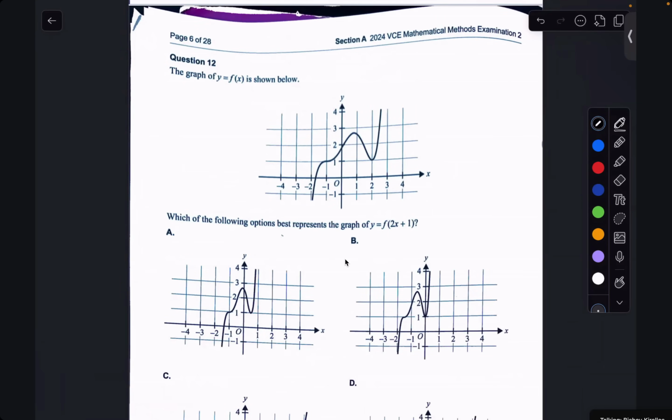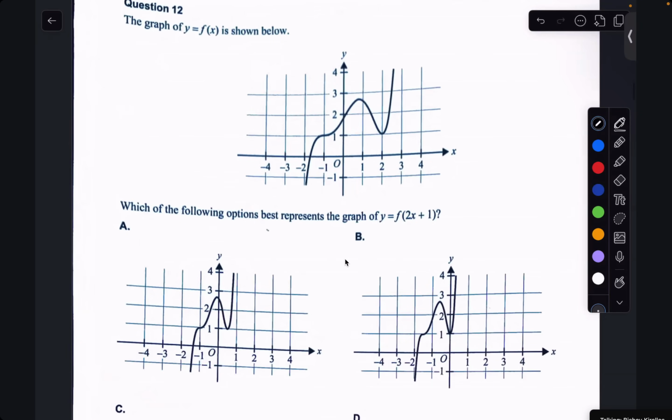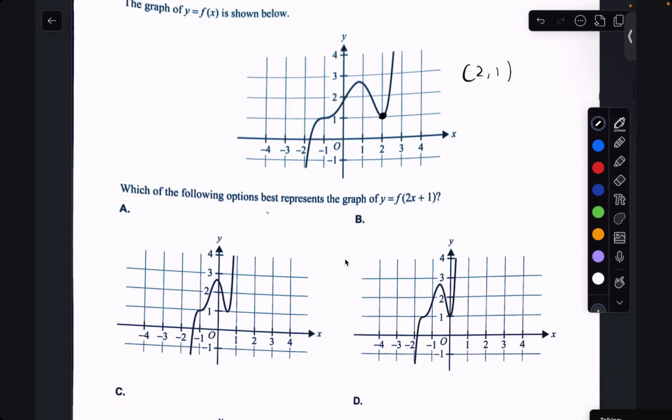Which one represents the graph of the transformed graph? What we can do is we can just take a point like 2, 1 and see what happens to that. So the 1 won't change because we've only done stuff like a horizontal translation, which affects x, and a dilation from the y, which also affects x.